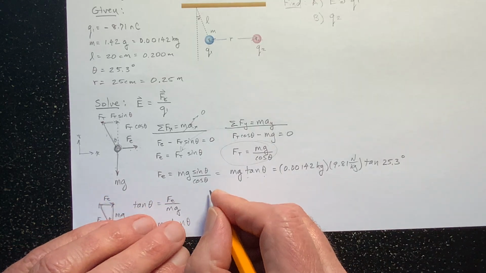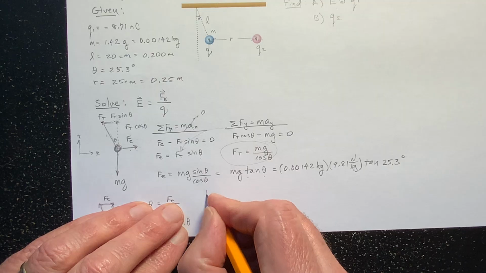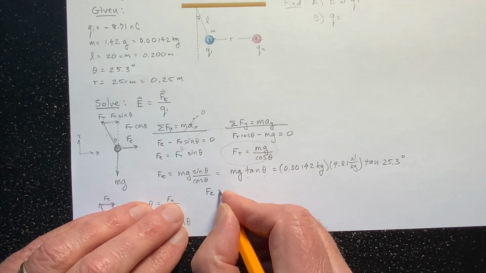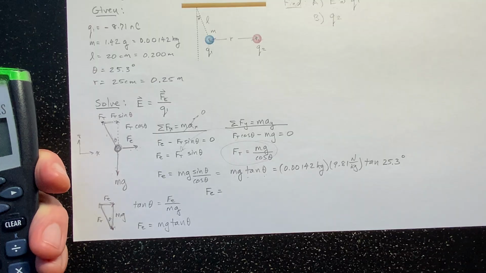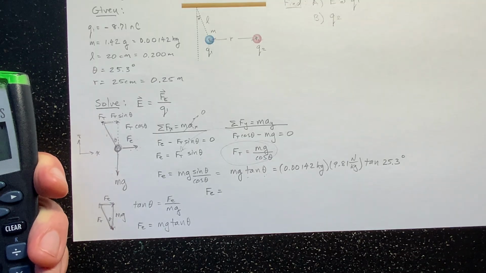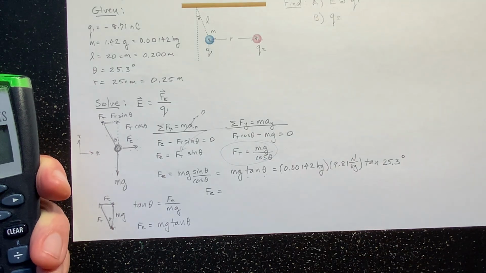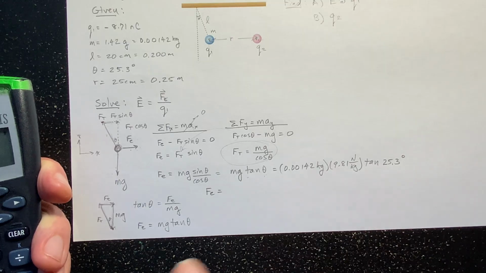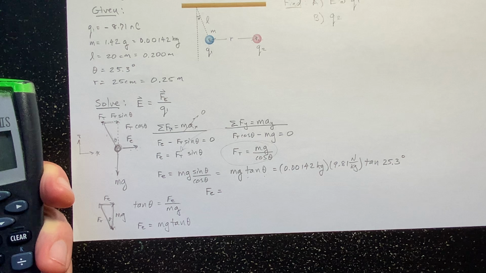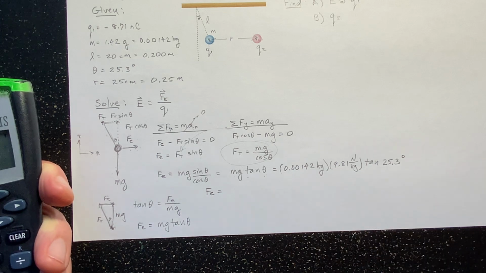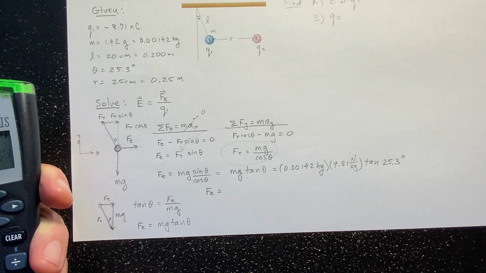All right, so that's Fe. So let's figure out what that is now. So that's 0.00142 times 9.81 times the tangent of 25.3 degrees equals.